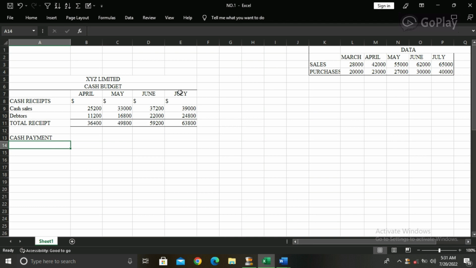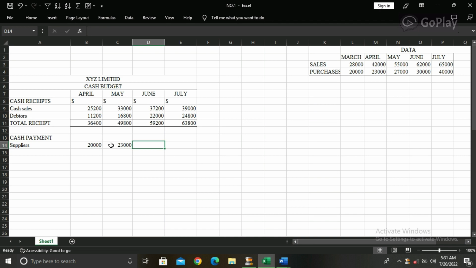So we have our creditors or our suppliers. We are going to pay our suppliers in each of the months to come. So March purchases will be paid for in April. So we have 20,000 that we are going to pay here. Then when we move to May, April purchases will be paid there. So we have 23,000.